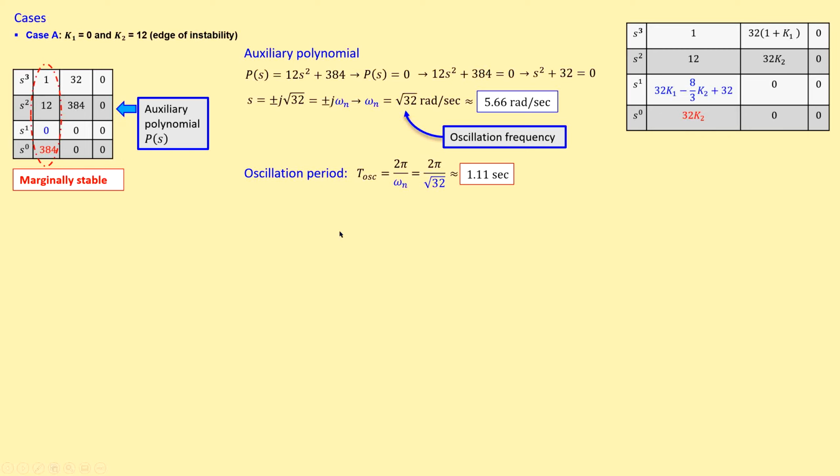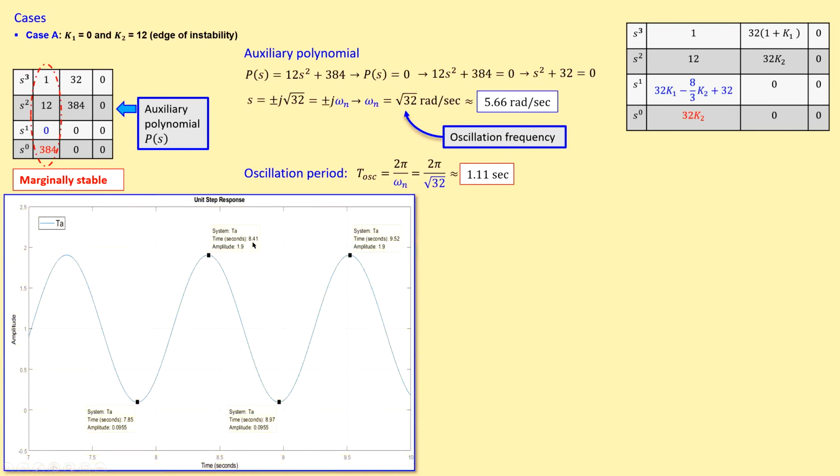Now, we can check this using a simulator, for example MATLAB, and I can plot the step response, and we will see that we need here, in this case, a sustained oscillation at the output. So we need the sinusoidal waveform. Let's check that, and this is the plot I have now prepared here. You can see that the unit step response shows indeed a nice sine wave at the output.